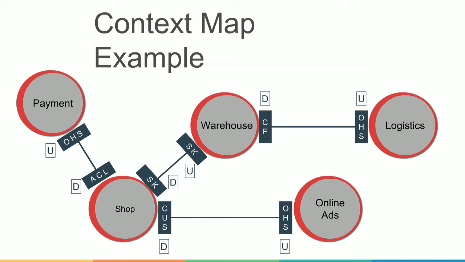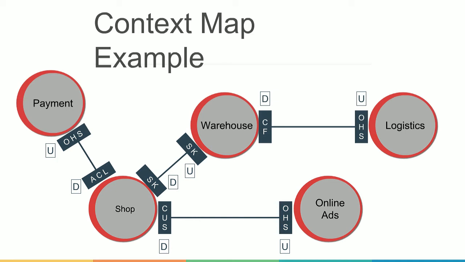Now, the bad part of this thing here is the following. Take a look at the model flow from logistics over the warehouse to the shop. What we can identify here is that when we want to replace FedEx by UPS as a logistics provider, on the first view, we would say, oh, okay, we have to adjust the warehouse and we're done.